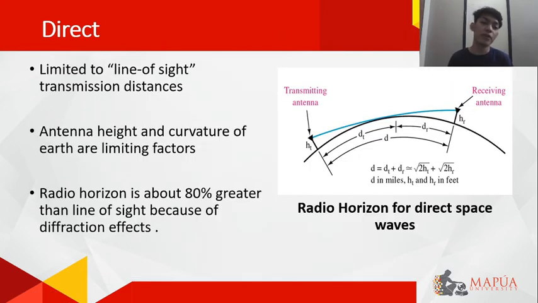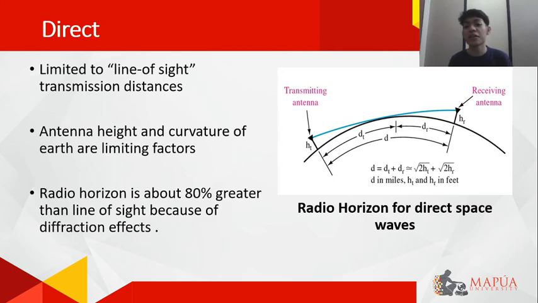A direct wave path is limited to line of sight transmission distances. The antenna height and the curvature of the Earth are limiting factors to this type of direct space wave, and the radio horizon is about 80% greater than the line of sight because of diffraction effects.